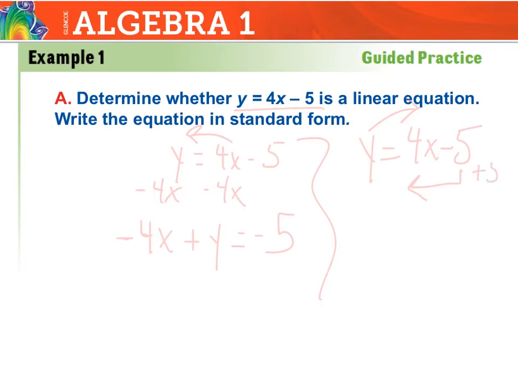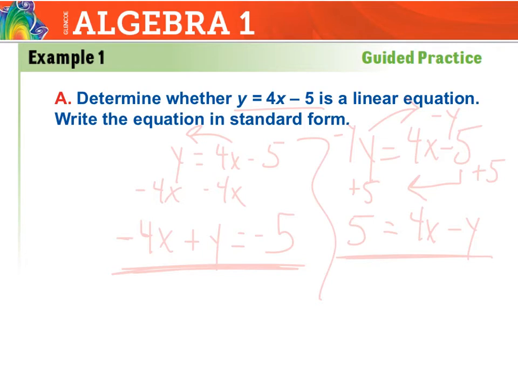You would add 5 to both sides. At the same time, we're going to subtract a y from both sides. So on my left-hand side, I would have 5 is equal to 4x minus y. If we really analyze these two, we see a lot of opposites here, and that's okay.